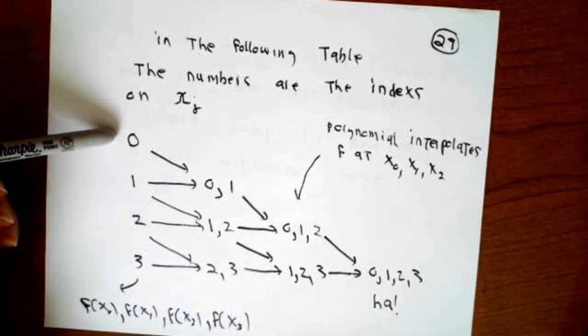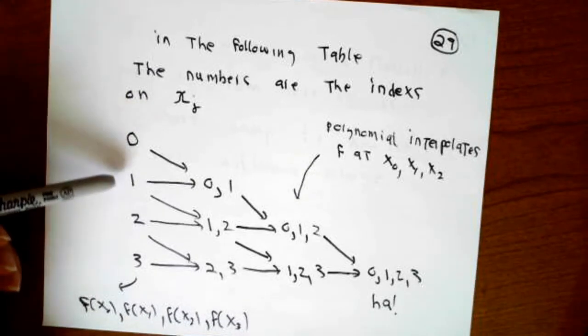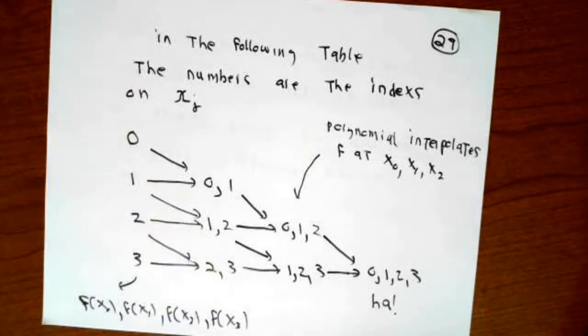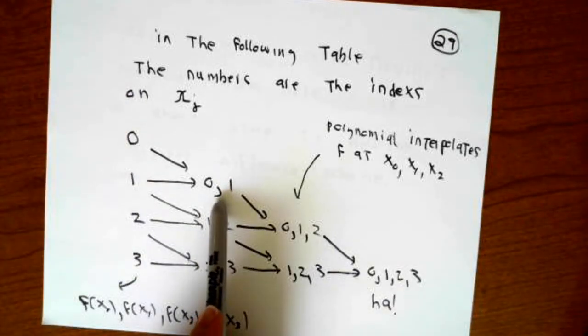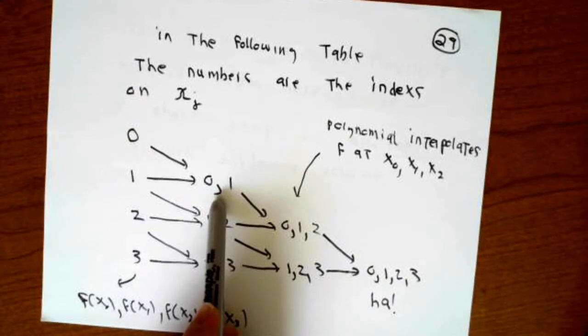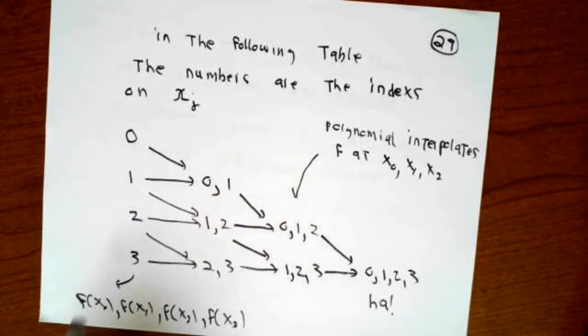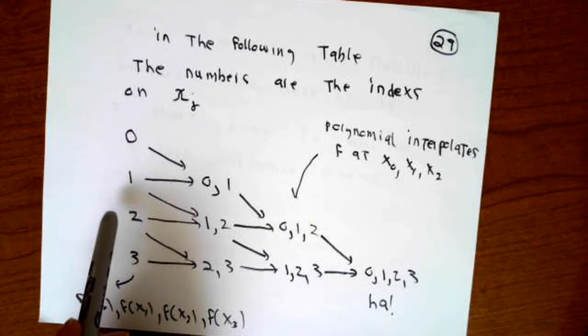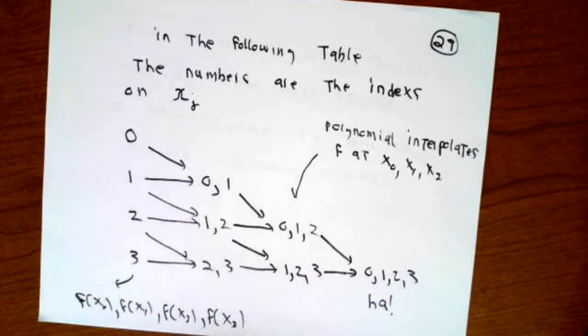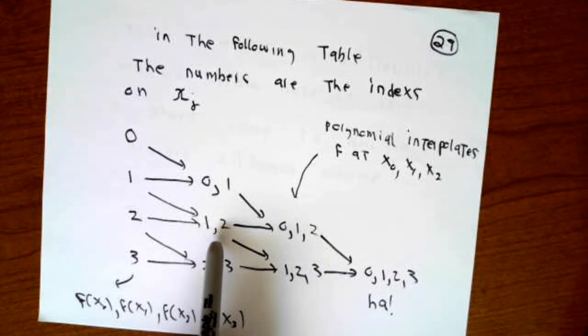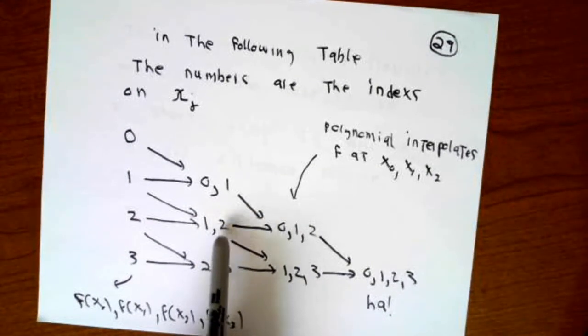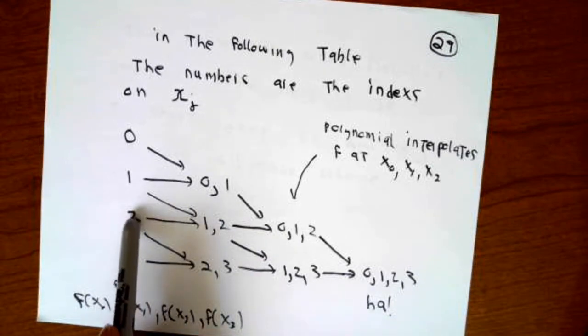I know how to take the polynomial that interpolates at x_0 and at x_1. I could put this into my R formula and get the polynomial that interpolates at x_0 and at x_1. I could take the information for polynomials that interpolate only at x_1 and x_2, use my R function, and find a polynomial that interpolates at x_1 and x_2.